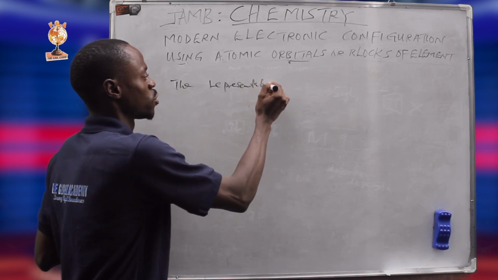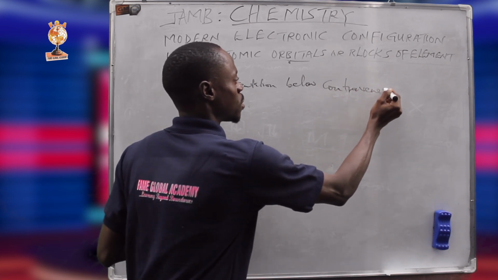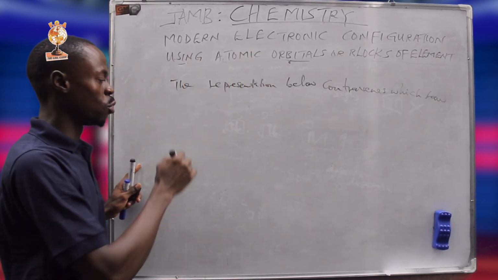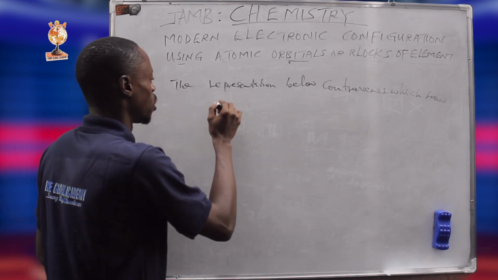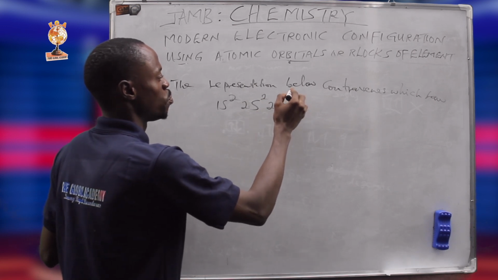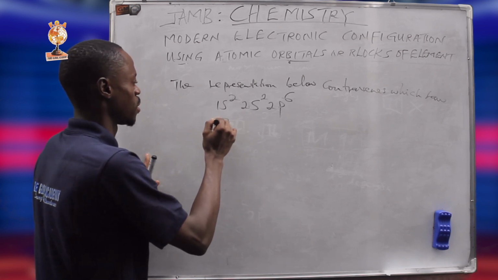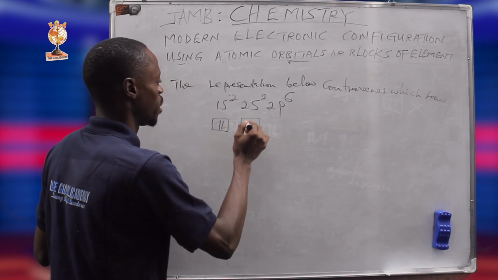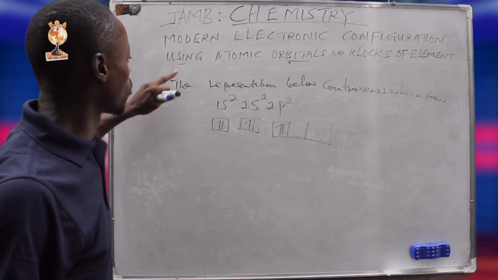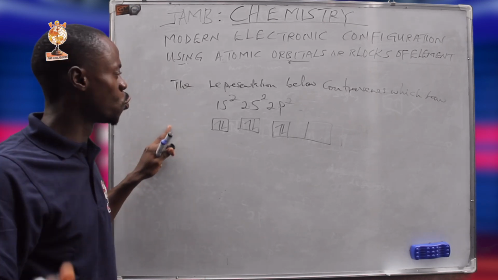The representation below, 1s2, 2s2, 2p6, contravenes which law? Okay, we have a likely JAMB question on the board. The question says the representation below contravenes which law?